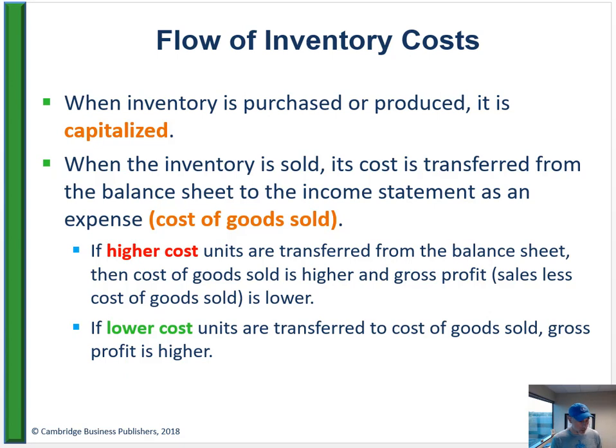Okay, so the authors begin by giving us an analysis of inventory costs, and again, this will sound familiar. Inventory is capitalized on our balance sheet, which simply means that it's recorded as an asset. And typically, inventory is recorded as an asset when it's purchased, or our authors note that it's recorded as an asset when produced.